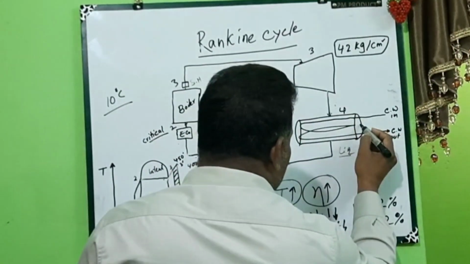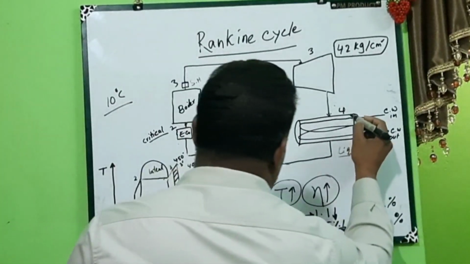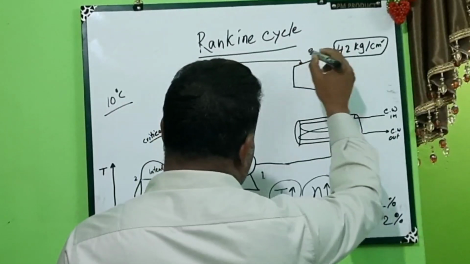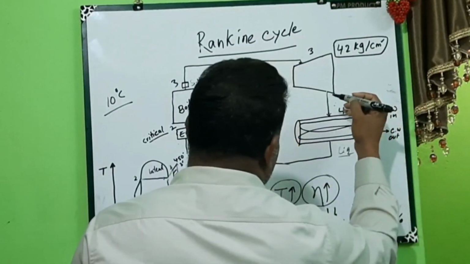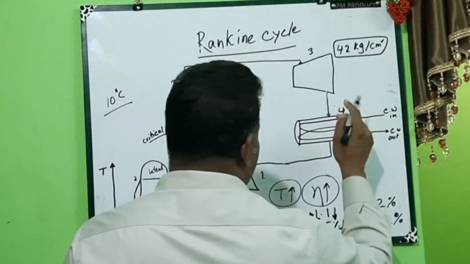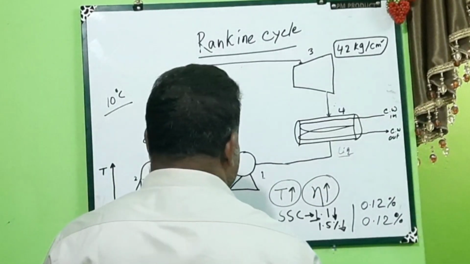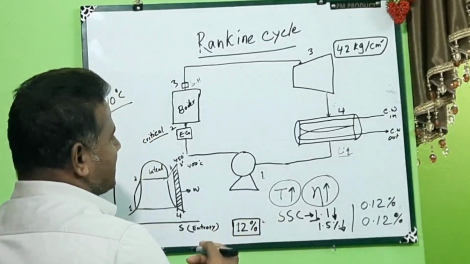That's why this condenser efficiency will be down. This is one problem you already get. If you increase the inlet steam temperature more, the outlet steam degree of heat will be increased. If the degree of heat on the vapor increases, this condenser efficiency will be decreased.